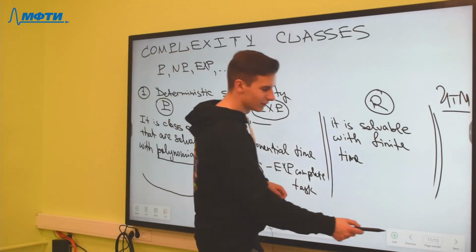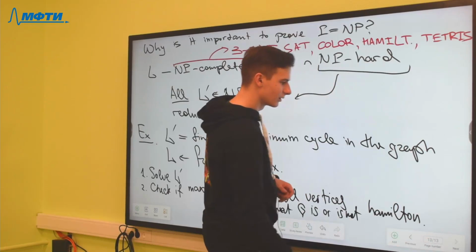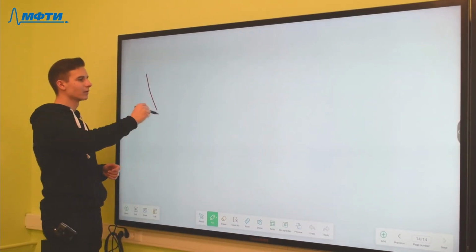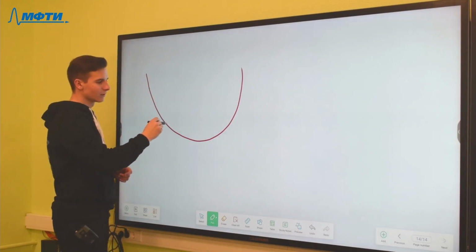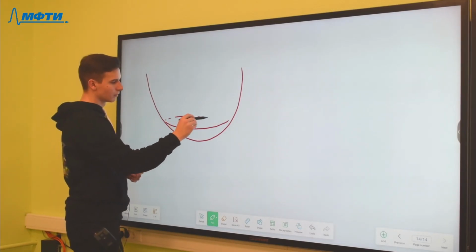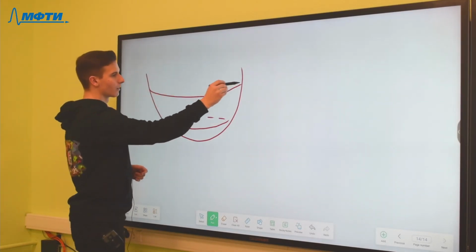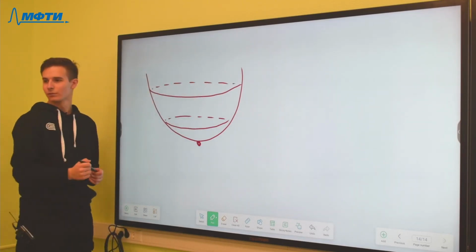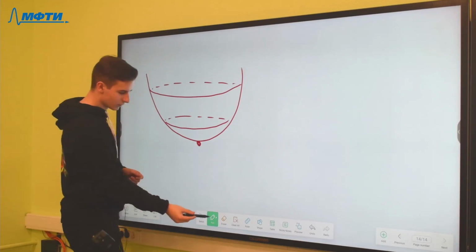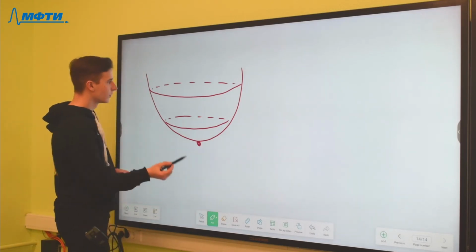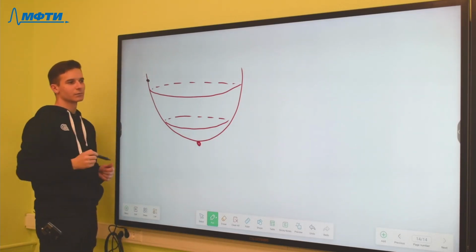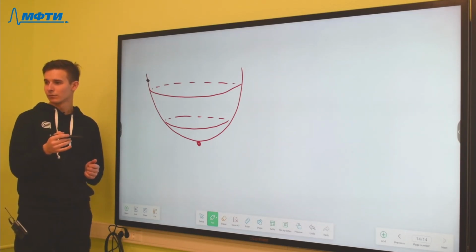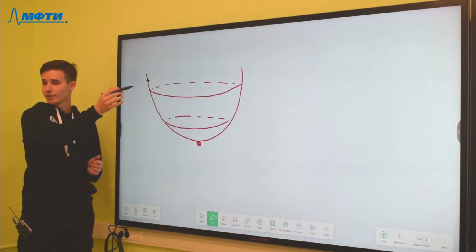We can draw it like, for example, if you try to find the minimum points, and you start with 1 random point on the wall.